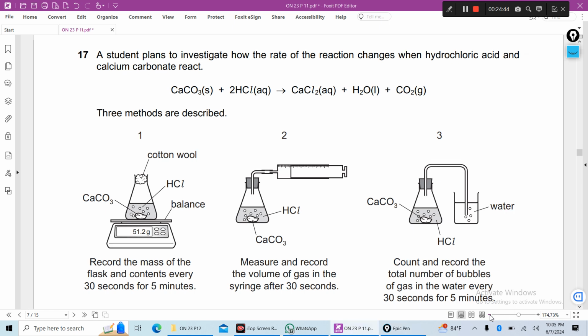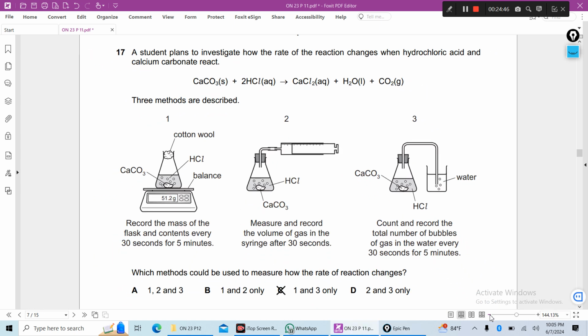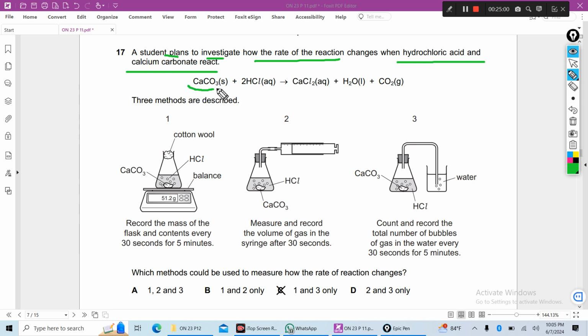Next, you see a student plans to investigate how the rate of reaction changes when the hydrochloric acid and calcium carbonate react. So calcium carbonate reacts with hydrochloric acid, calcium chloride, carbon dioxide and water is produced. So by two method you can measure the rate of reaction.